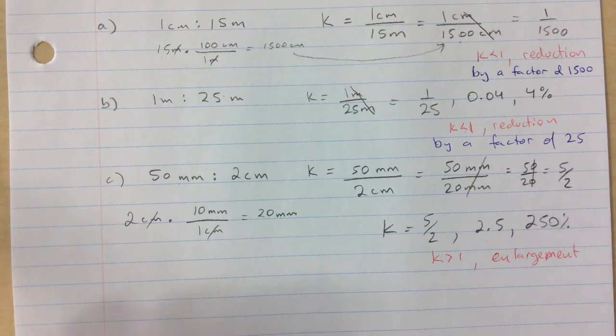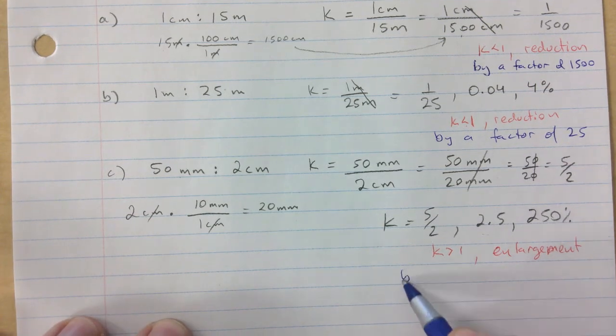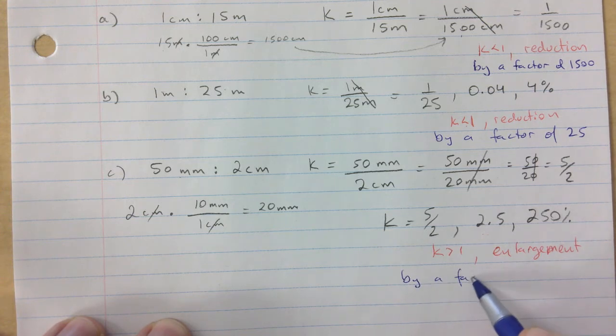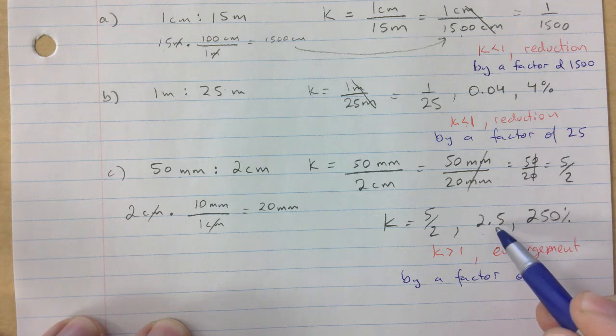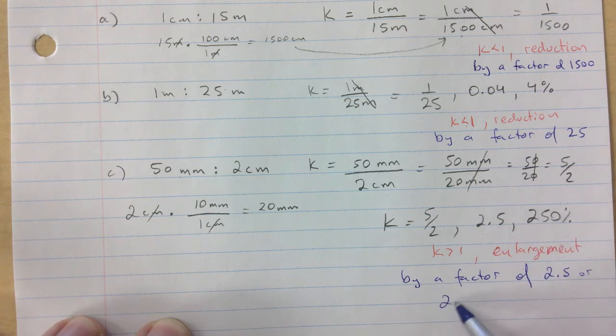And we're going to change the wording on purpose because sometimes it's easier to do so. Enlargement by a factor of, you can go 2.5 or 250%.